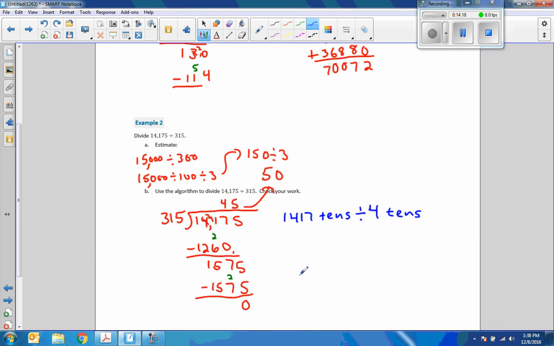Okay, this might be a little confusing. And then we're going to divide this number, 1575. So that's going to be 1575 tens. Or ones, I'm sorry. 1,575 ones divided by 5 ones. And I get 45 tens.